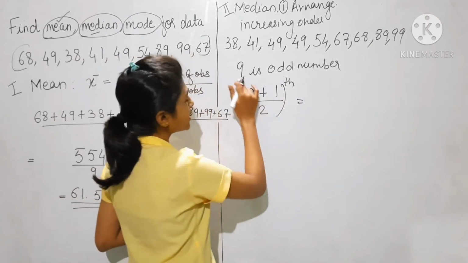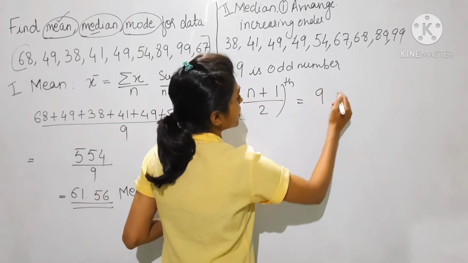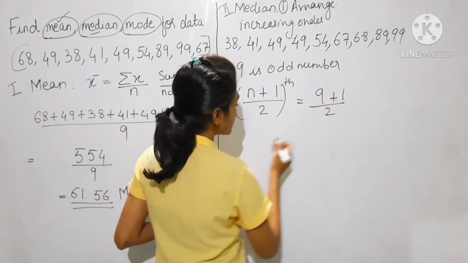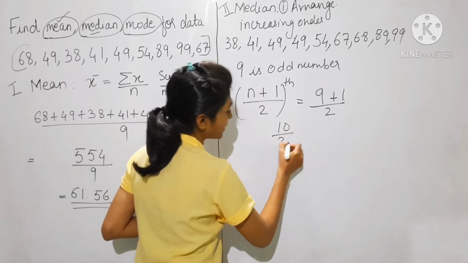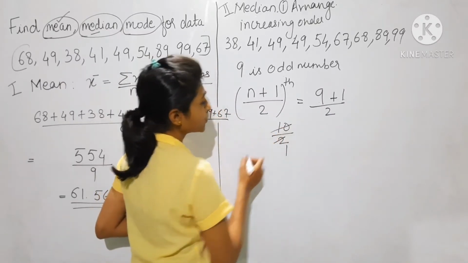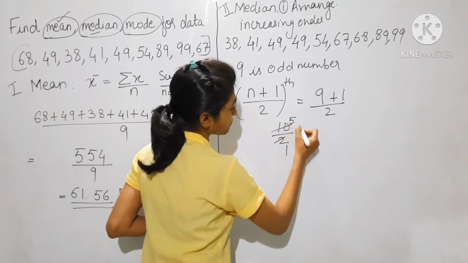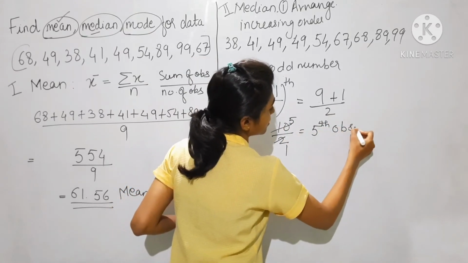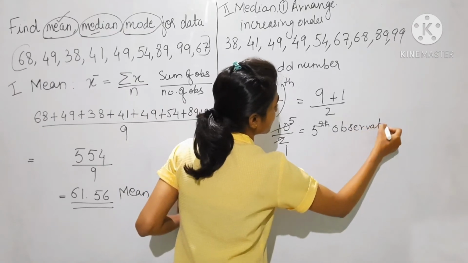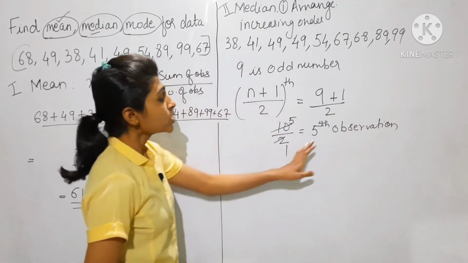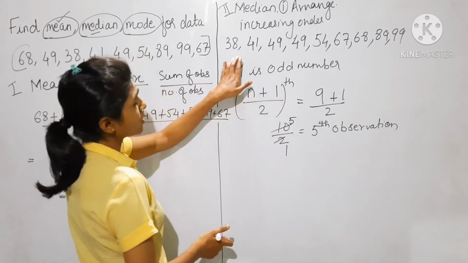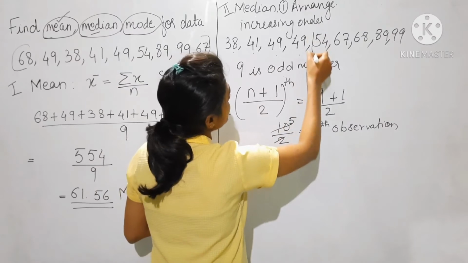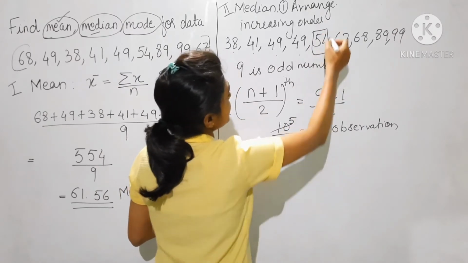So n is 9, plus 1, divided by 2. 9 plus 1 is 10, divided by 2 is 5. So it is the fifth observation. In this data the fifth observation is 1, 2, 3, 4, 5: 54. So 54 is the median.